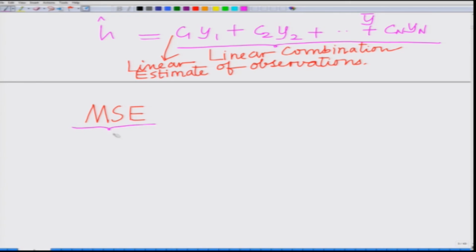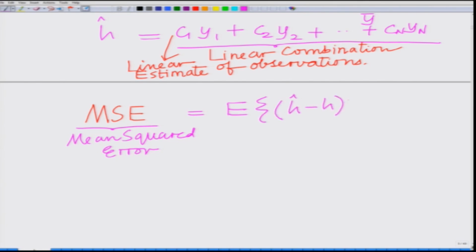Remember, this is the mean squared error, which is equal to the expected value of H hat minus H whole square, which, since H hat is equal to C bar transpose y bar, is simply equal to the expected value of C bar transpose y bar minus H whole square.